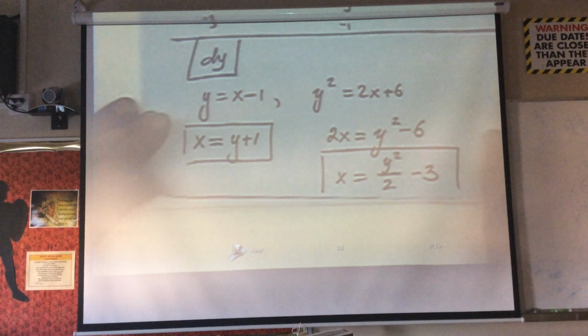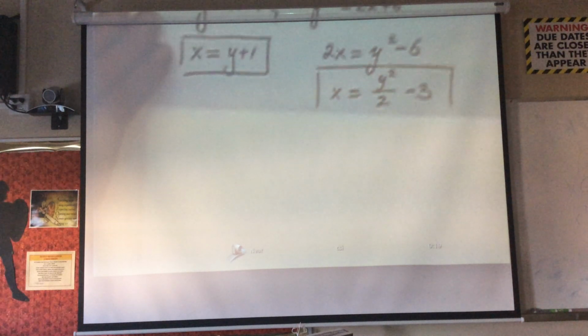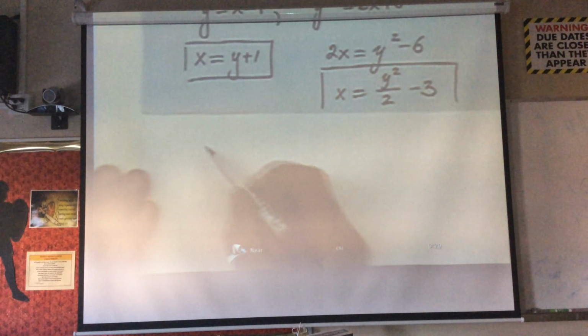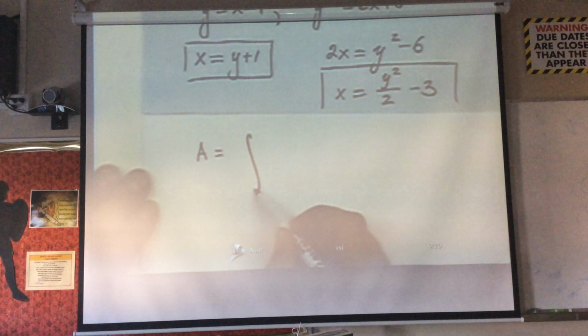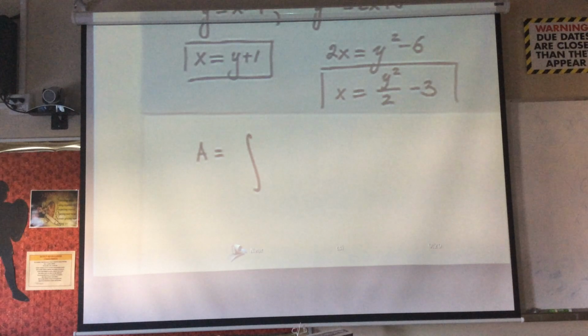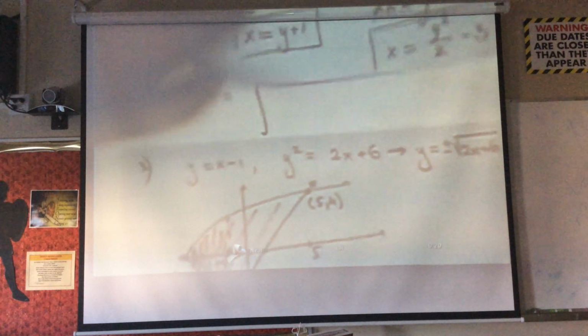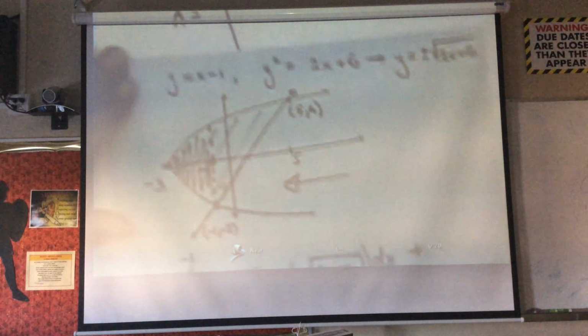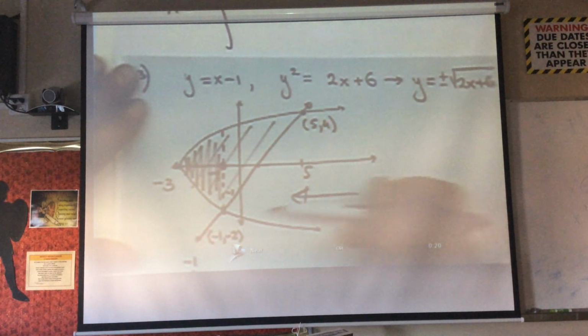And now we will go and create new integrals. So our area will be the integral. We'll come back to the upper and lower limits in a moment. But overall, if I put the picture back, as I told you, we'll go from right to left.